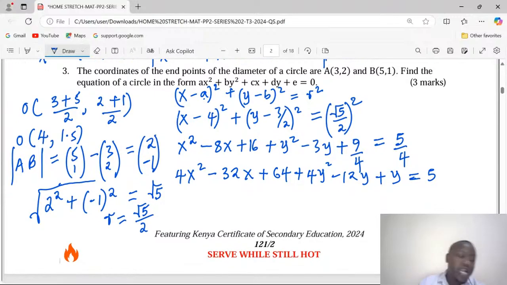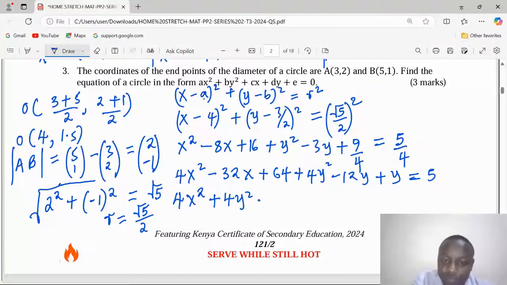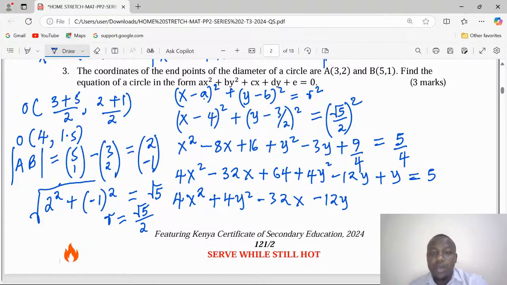Now we can arrange the equation to take the format that we've been advised to. We begin with the term that has x squared, so 4x squared, then plus 4y squared, then the term with x, then the term with y, -12y. Then now the constants have to be added.